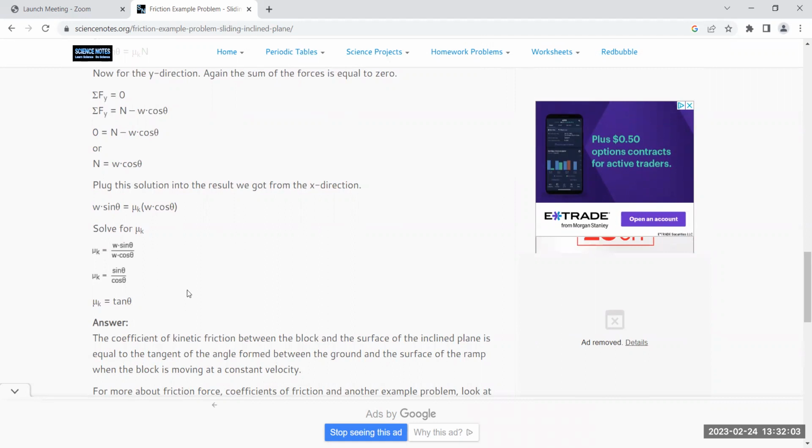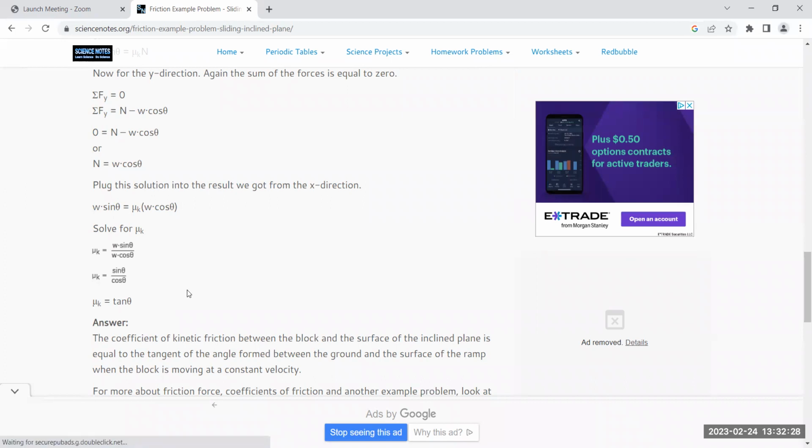You can go play with this in a calculator. Watch what happens when you increase and decrease theta. Look what happens to the value of mu sub k. Ultimately, in order to make less effort, let's say we'd want to get mu sub k down to 0.